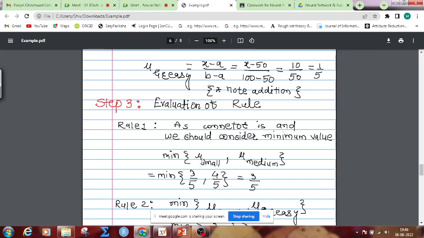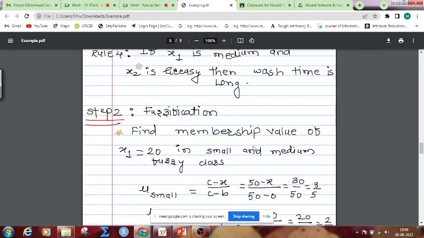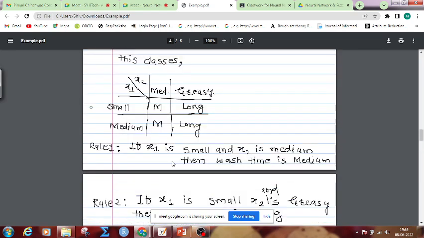Minimum membership value of what? Carefully check Rule 1. If x1 is small, so membership of small, and x2 is medium, for the x2 variable membership of medium. Whatever the membership of small and whatever the membership of medium, out of these two, the minimum value I am going to consider.